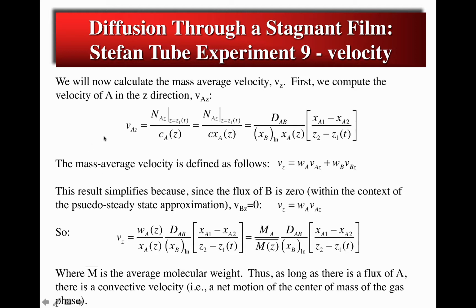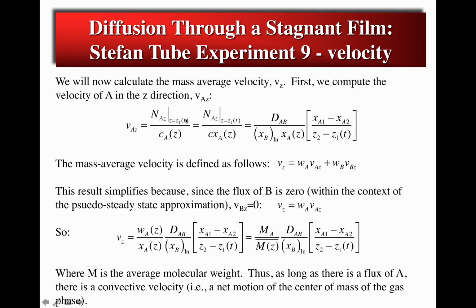I'll tie this into some of the fundamental concepts that we've been discussing in relation to convection and so forth. So we can calculate, by definition, the average velocity of A in the z direction is just the ratio of the flux divided by the molar concentration of A, and I can write that, if I wish, as the molar concentration of the mixture times the mole fraction of A at any position z.